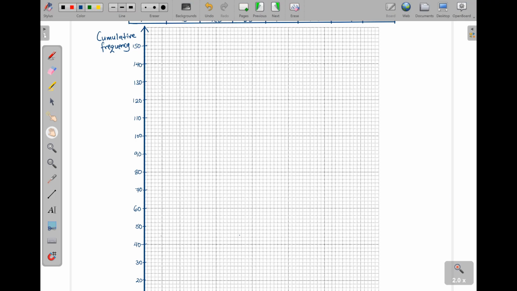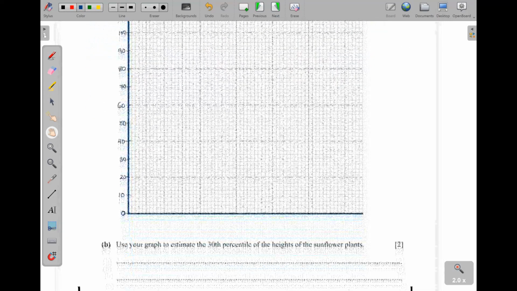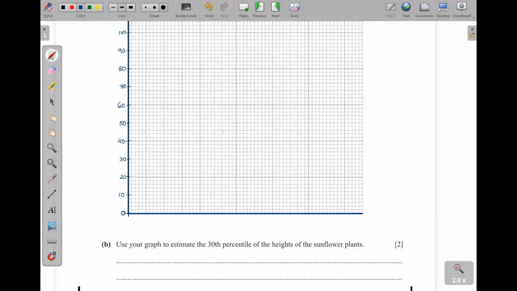Now to avoid making mistakes where you have the 0.5s, I'm going to take the 0.5s along these vertical lines. So I'm going to begin with the 9.5 here. Then add 10, that is 19.5. Remember, the scale must be uniform, even down here.